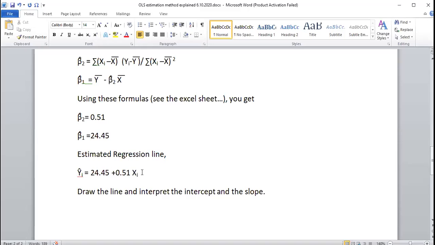By adding 0.51, can you hear me? How do you interpret the slope of a line? Professor, can I try? Yeah, please. If x increased by one unit, then y on average increased by 0.51 unit. Exactly.